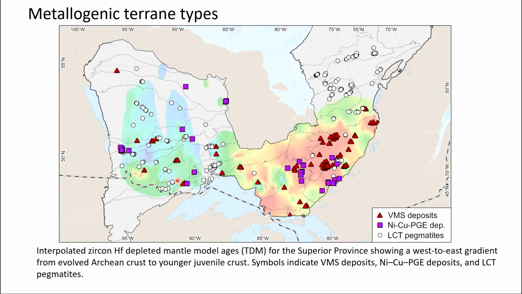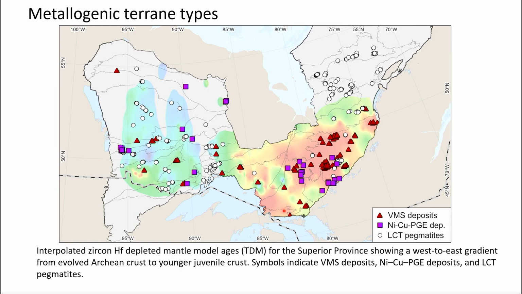And what you can see is that as you get away from the Abitibi, you find LCT pegmatites. You move into the Abitibi, you find VMS deposits, nickel, copper, and platinum group. I'm assuming that this is related to the fertility of the crust in the Abitibi. It's more juvenile, it's more fertile, and so you'll probably see something similar when it comes to orogenic gold.